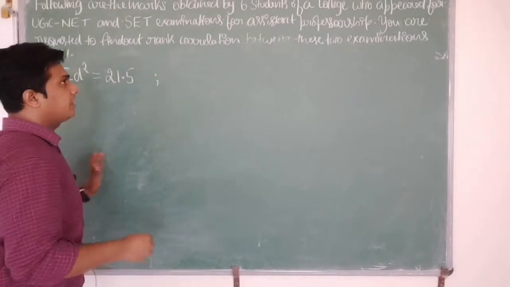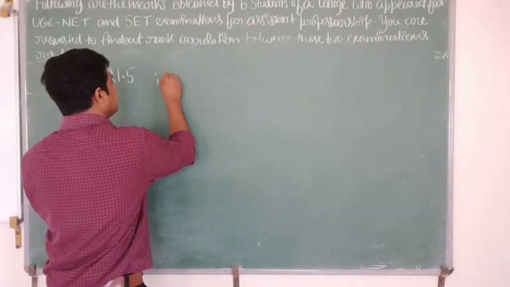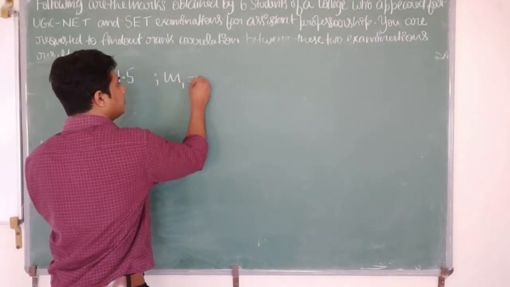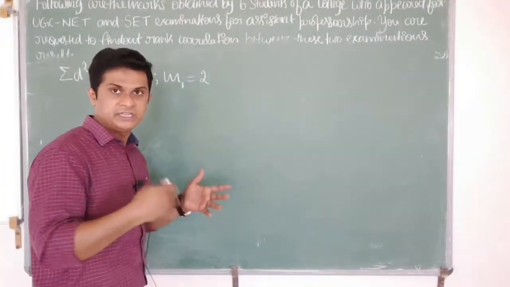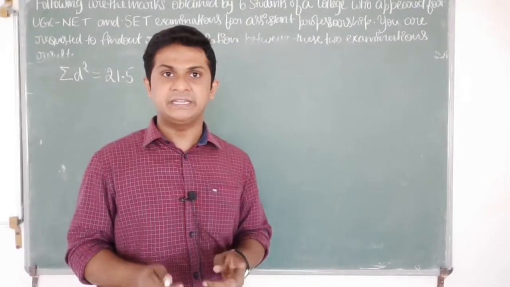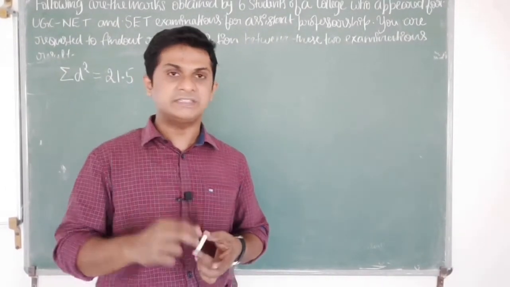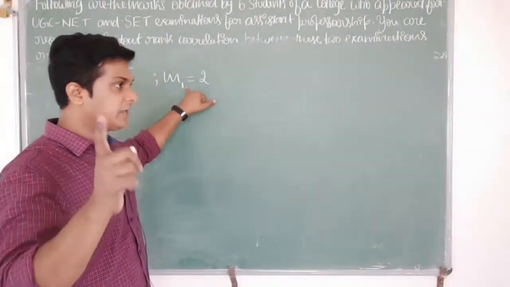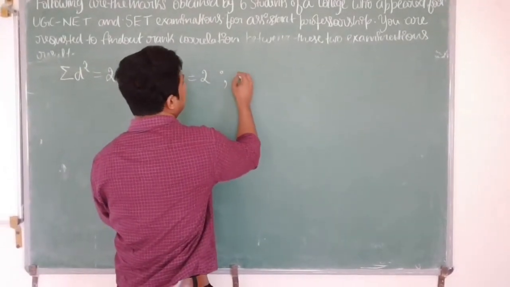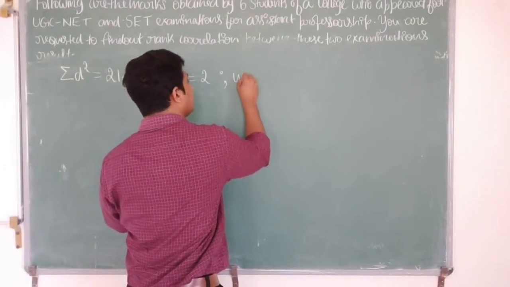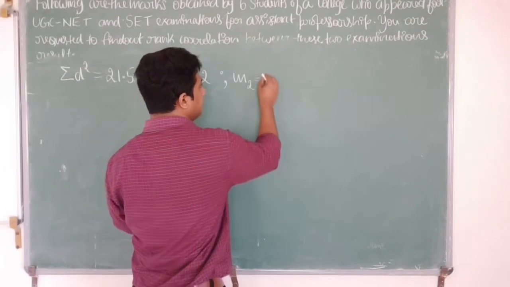Then while allotting the ranks in the case of repetition, I wrote m1 is equal to 2. One value in the x variable, that is marks in UGC NET, I think it was 163, has repeated twice. So m1 is 2, and in the case of marks in SET, which I denoted as m2, there was one value that was repeated 3 times.